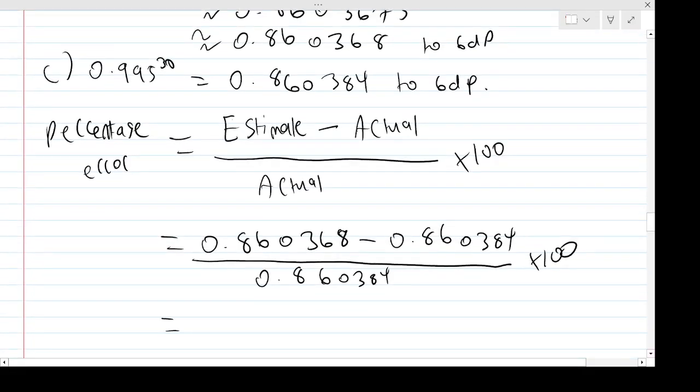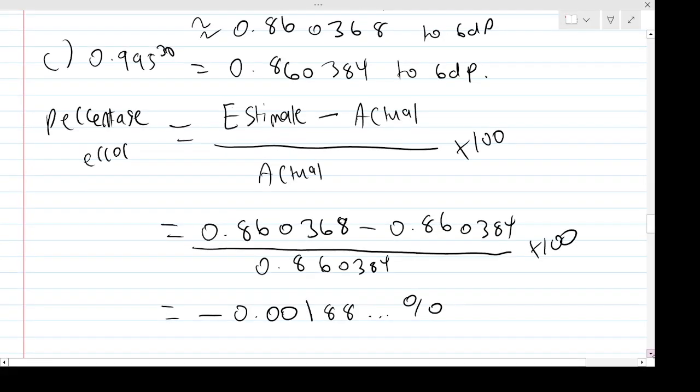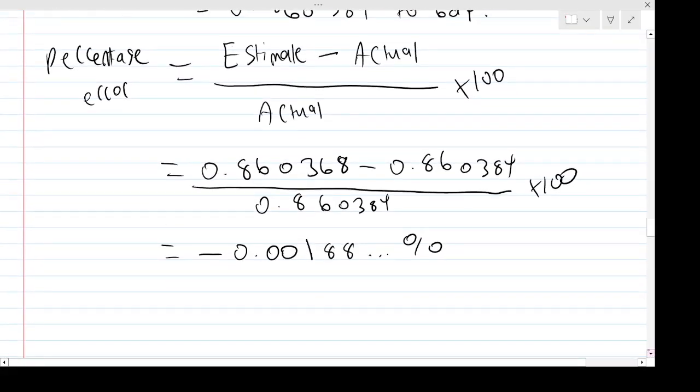That's going to be a lot of stuff to plug in here. 0.860368. Okay, I get negative 0.00188 percent.